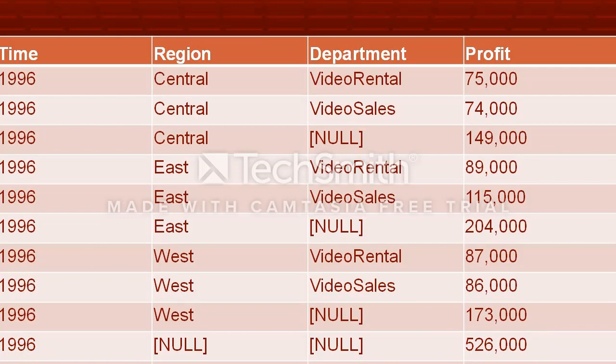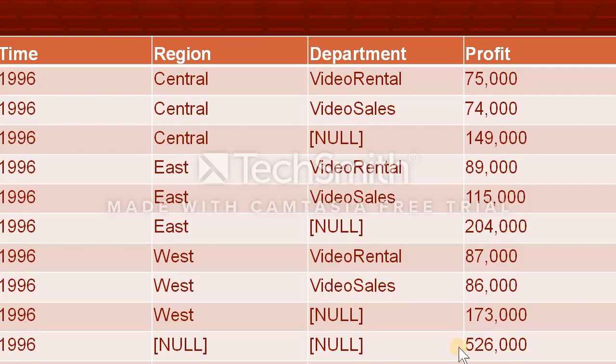We do not need to talk about the region and department. We are actually saying that in 1996 we have this number of profit that we have earned from our company.